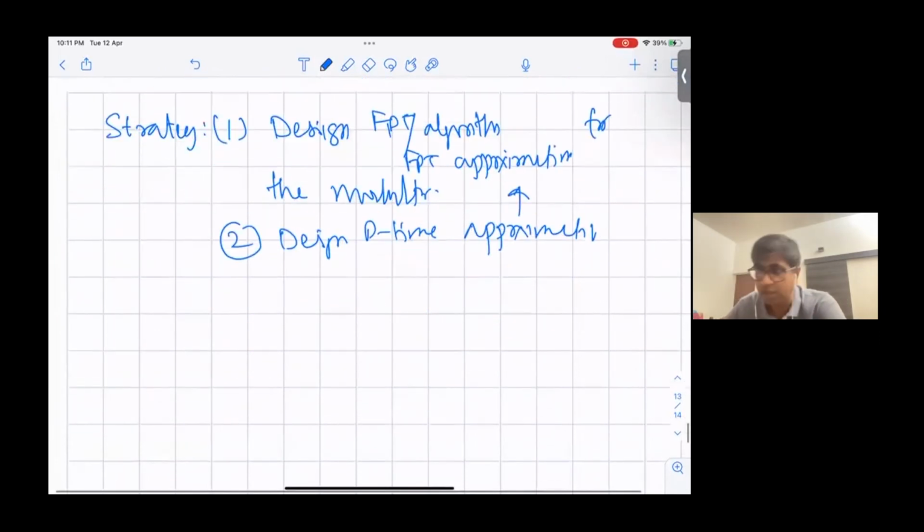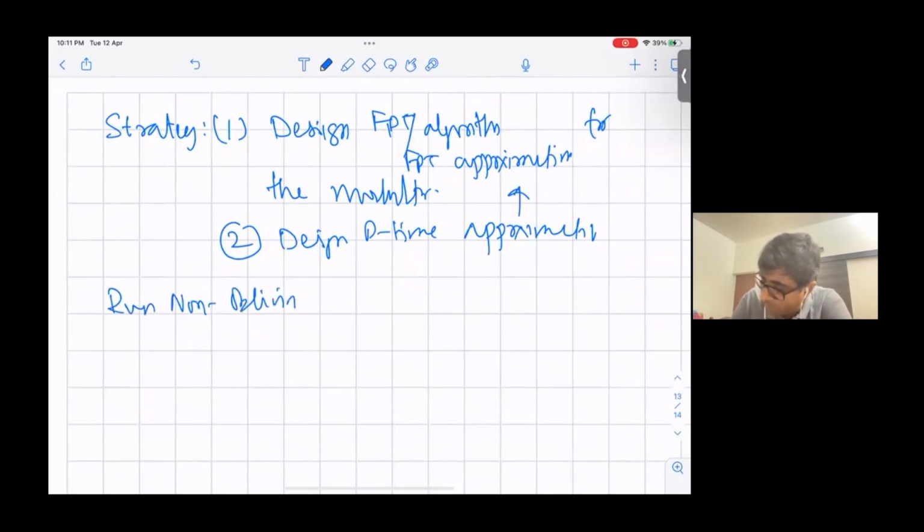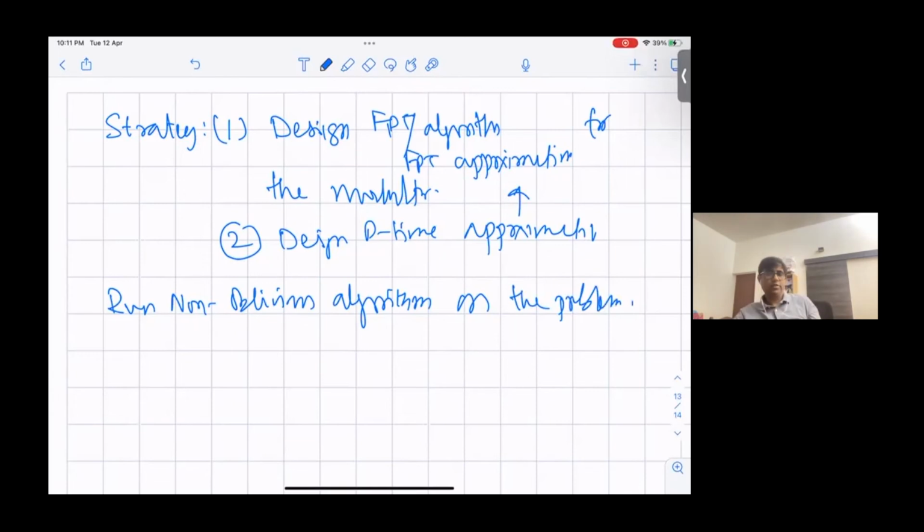Same thing. And then run the non-oblivious algorithm on the problem.